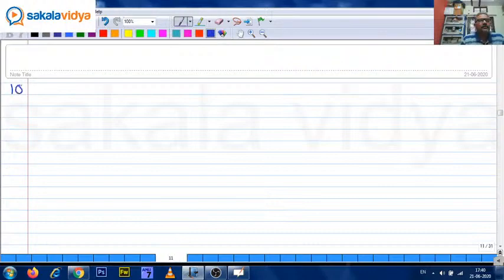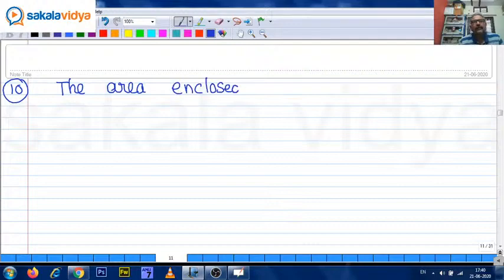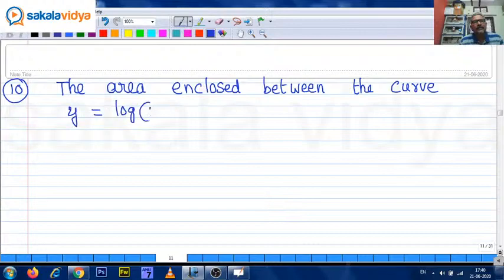Now the 10th question, right. The area enclosed between the curve y equals log of x plus e to the base e and the coordinate axis.